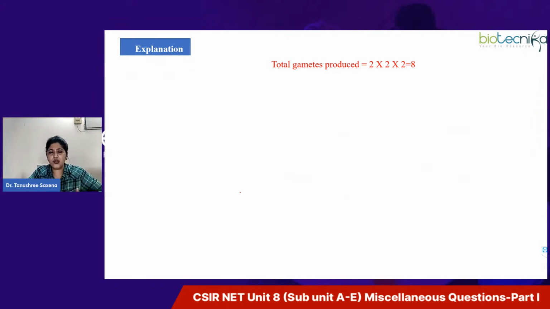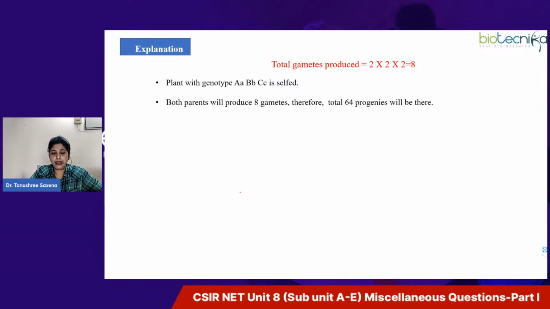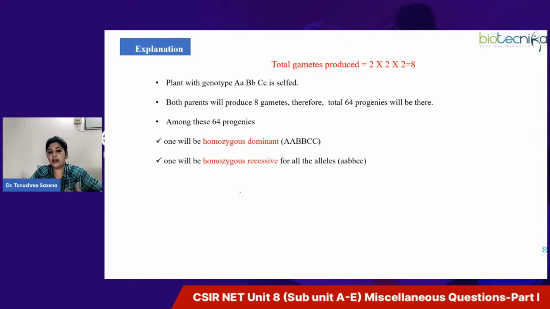So here you need not draw the entire trihybrid cross, or take individual monohybrid crosses and find the probability. No. This is what I explained in the previous slide: each parent will produce 8 gametes and a total of 64 progenies will be there. One will be triple homozygous dominant, and one will be triple homozygous recessive.